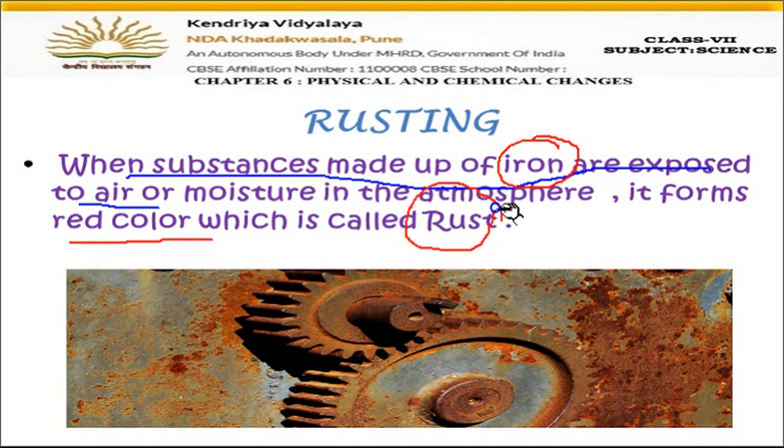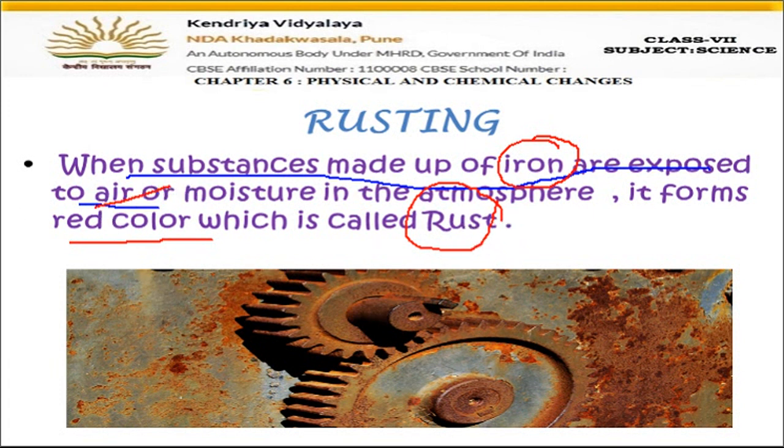That red color substance which is formed on the iron when it is kept in air is known as rust. It is in the form of layers. These layers can be removed like this. It is a flaky substance.